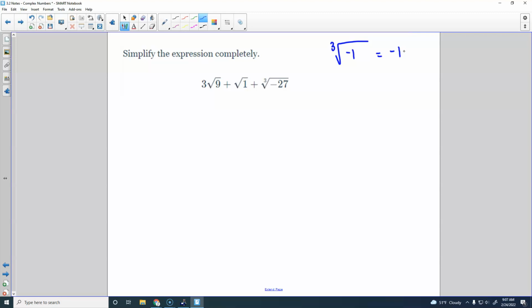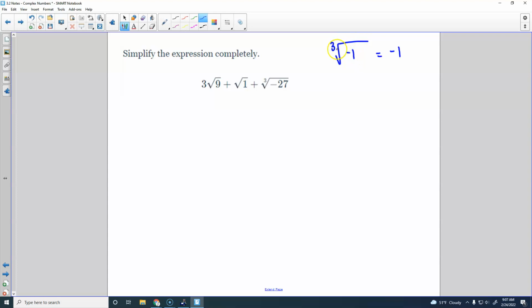I know that the fourth root of negative 1 can't exist. But I've never had to deal with fourth roots of negative 1. But we're not going to chase that rabbit right now. You won't see a fourth root of a negative number.